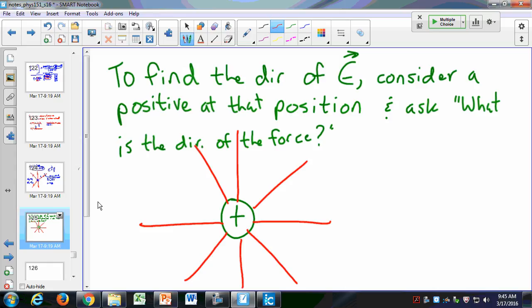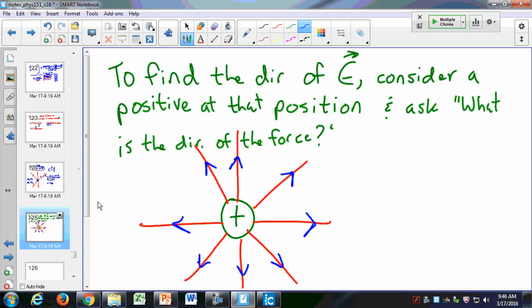So this positive particle will feel a force in this direction, and so my electric field is going to be in that direction. Similarly, if I imagine my positive particle, say up here, it will feel a force in that direction. Up here, that direction. And so my electric field emanates outward.